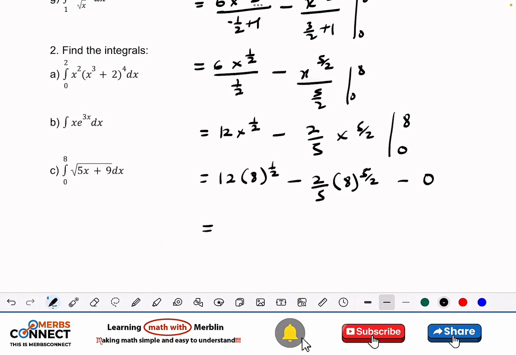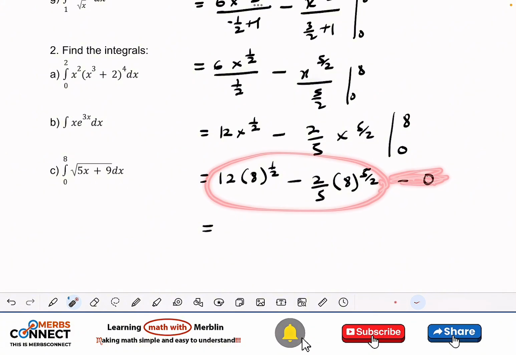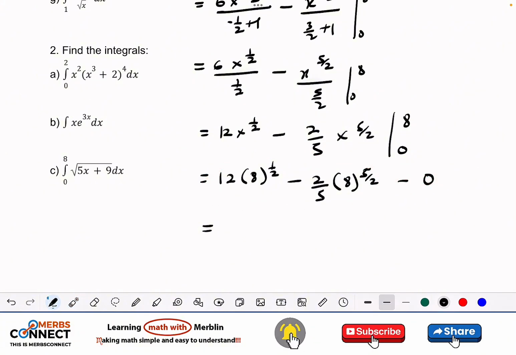And basically if you cannot simplify this, you can just leave your final answer in this form, right? Maybe you don't use calculators. But I know that 8 to the power half, I can write this as 8 is the same as 2 to the power 3, times 1 over 2.